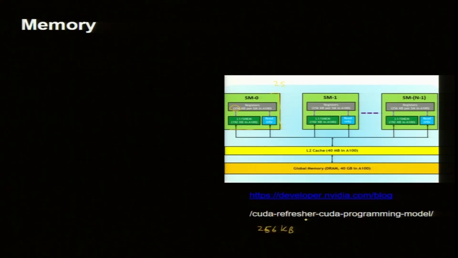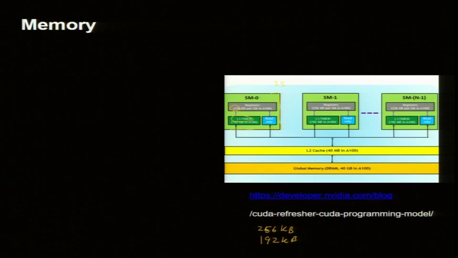And there is L1 cache and shared memory, SMEM, which all threads can use, and that is 192 KB.